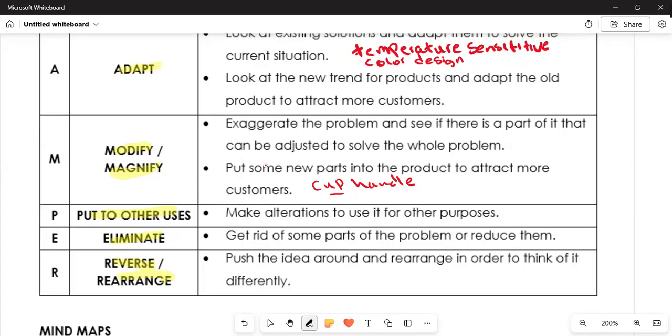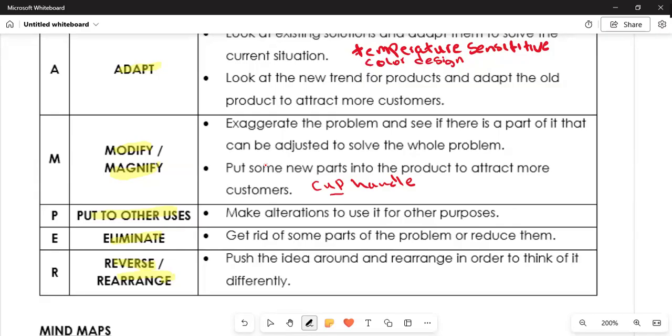So that is when we are saying put it to another purpose. Eliminate. That is when we are saying get rid of some parts of the problem or reduce them.